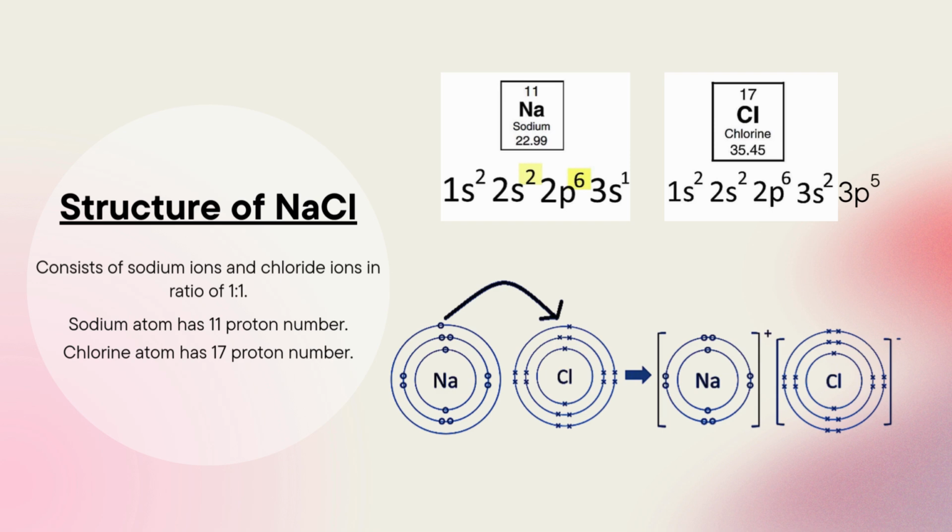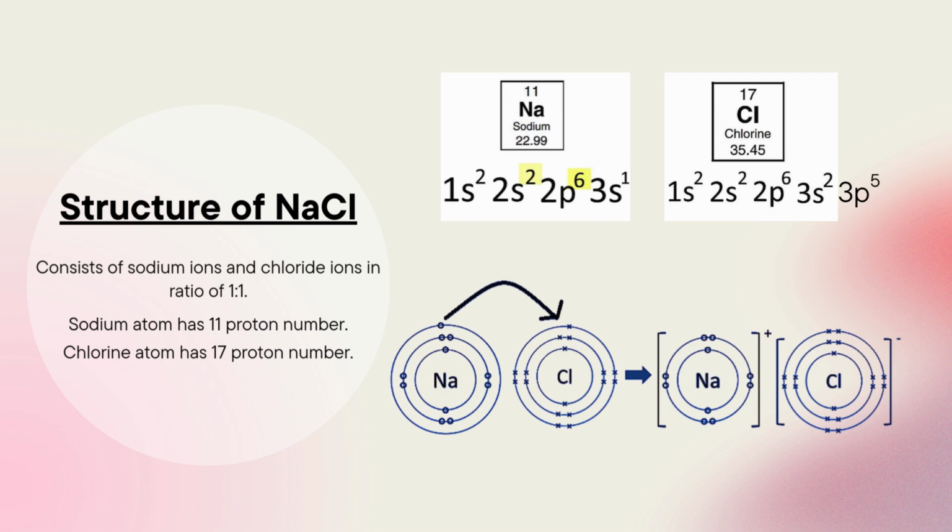So, the electron arrangement of sodium atom is 1s2, 2s2, 2p6 and 3s1. Meanwhile, chlorine atom has the electron arrangement of 1s2, 2s2, 2p6, 3s2 and 3p5.